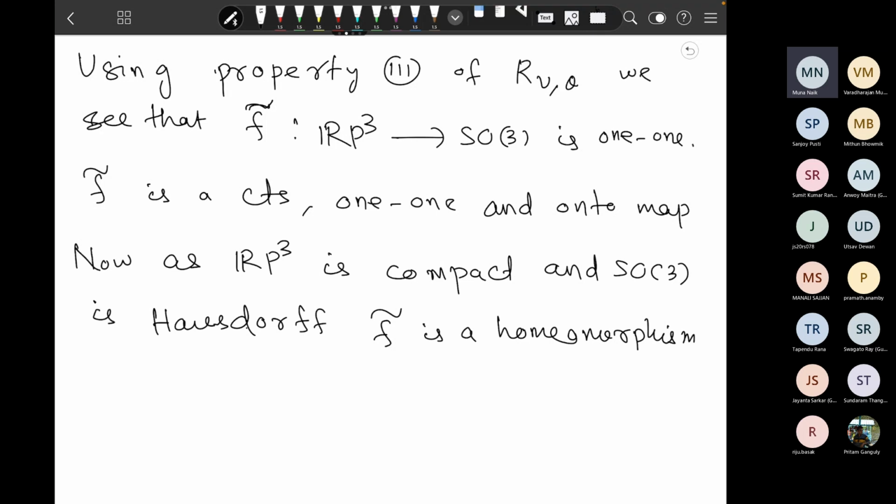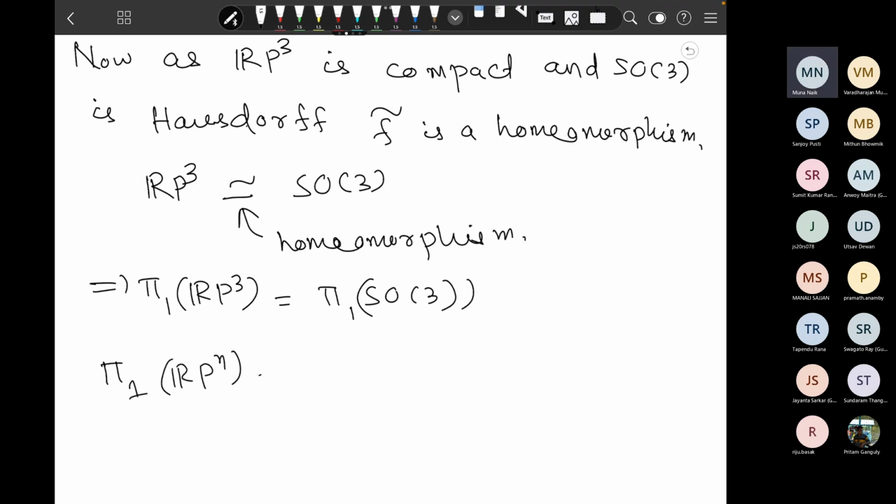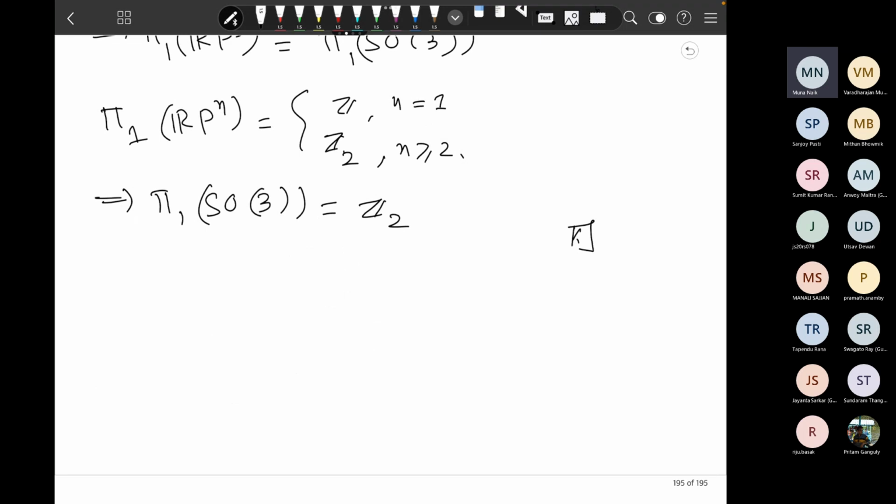So that means RP3 is homeomorphic to SO3, so pi 1 of RP3 is equal to pi 1 of SO3. And you know that pi 1 of RPn is equal to Z where n is equal to 1, and Z2 where n is greater than or equal to 2. So this implies pi 1 of SO3 is equal to Z2. So I got this, pi 1 of SO3 is equal to Z2.